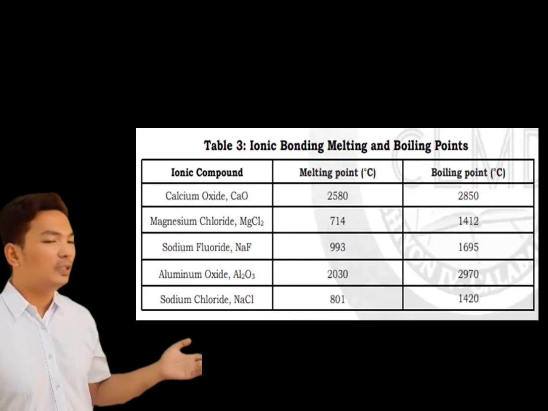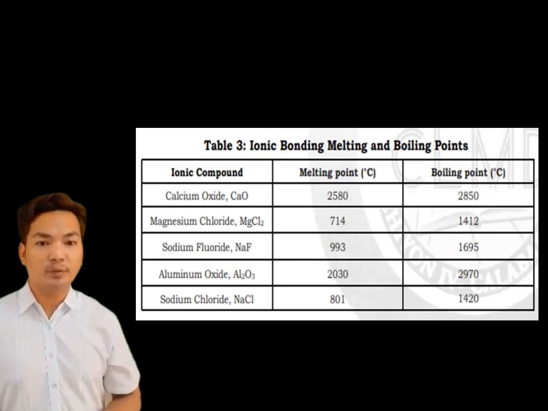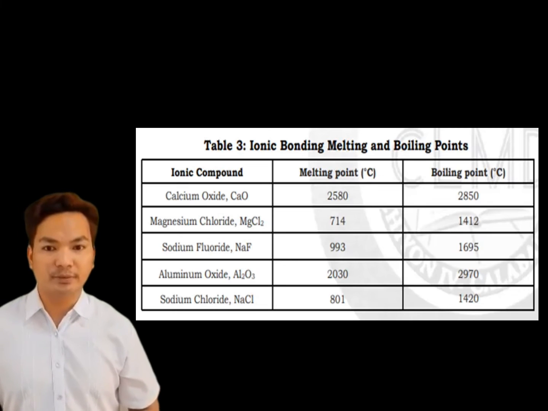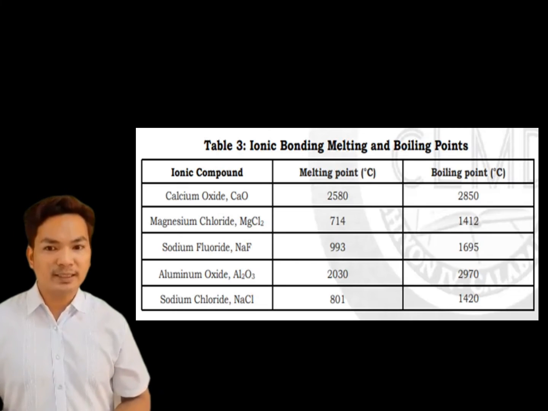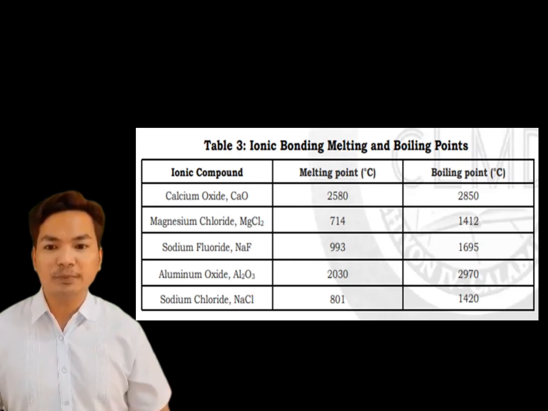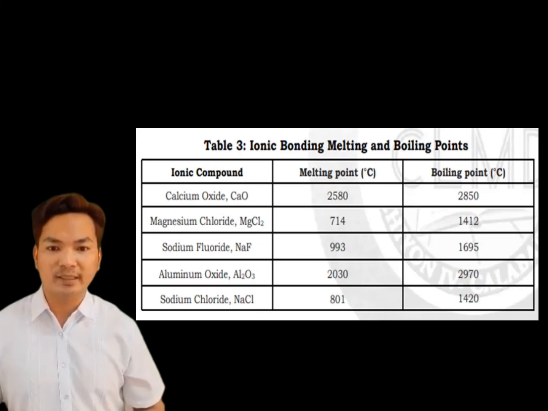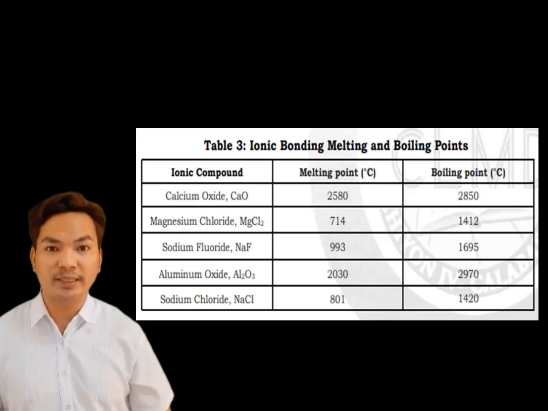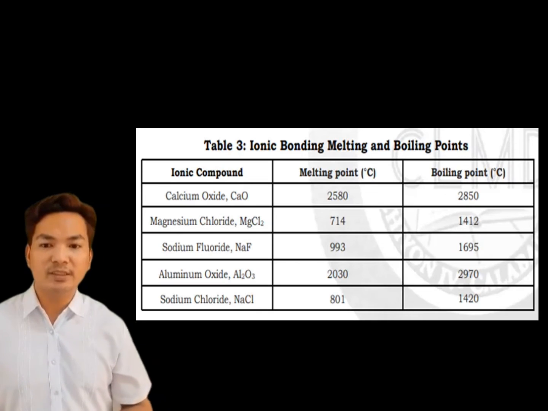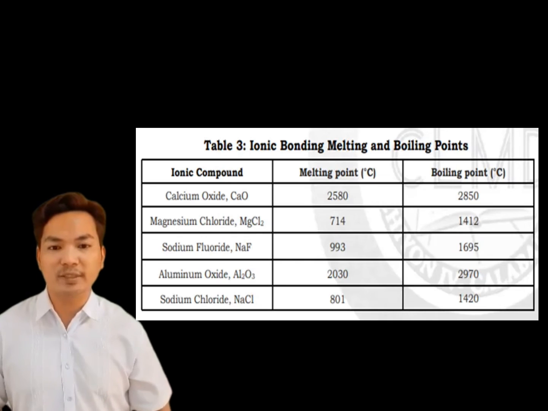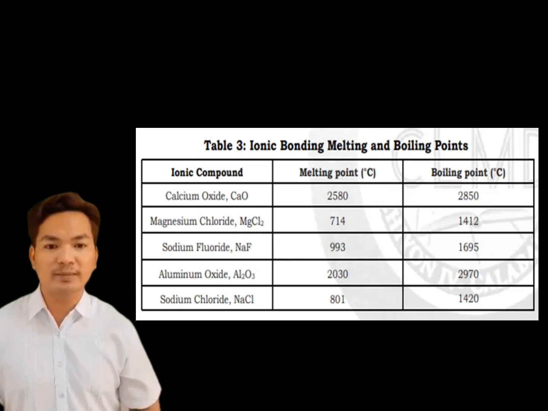The next table shows the melting and boiling points of some ionic compounds. As you can see, the melting point of calcium oxide is 2580 and the boiling point is 2850. In magnesium chloride, the melting point is 714 degrees Celsius and the boiling point is 1412.